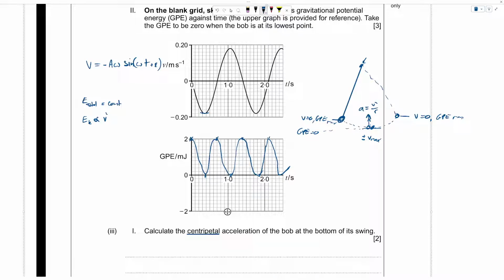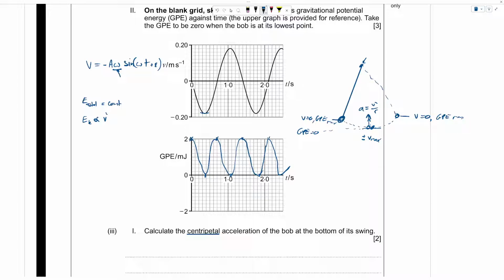If you use the omega squared r, do not confuse that omega with this omega. They are not the same. This is the angular frequency for the simple harmonic motion, whereas the omega here would be the instantaneous number of radians per second it's passing through in terms of this angle theta changing.